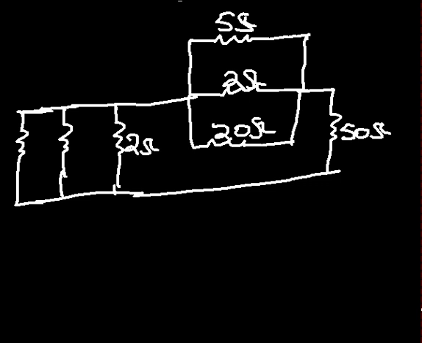So let's say this is a 5 ohm resistor, this is 2 ohm, let's say this is 20 ohm, let's say this is a 50 ohm resistor. We have it as 2 ohm, 11 ohm, let's say this is a 5 ohm resistor.